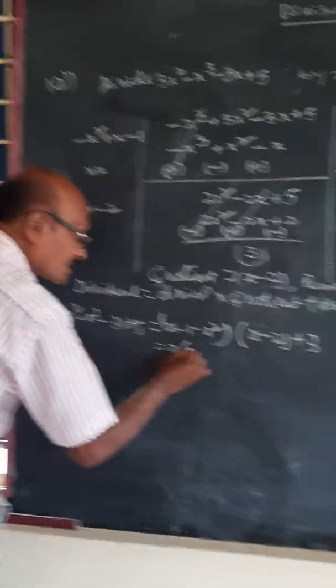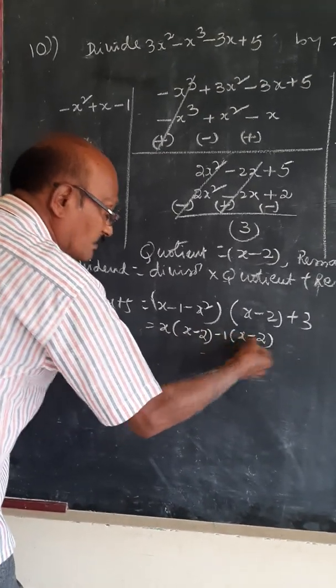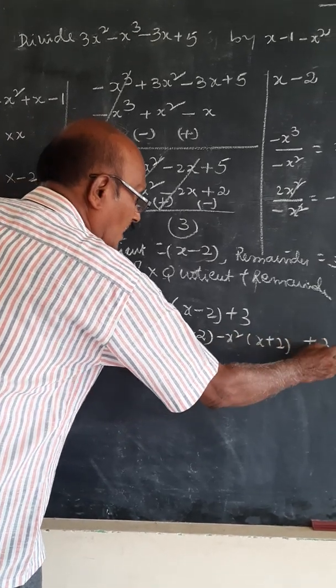First x multiplied by x minus 2, next minus 1 multiplied by x minus 2, next minus x square into x minus 2, last plus 3.